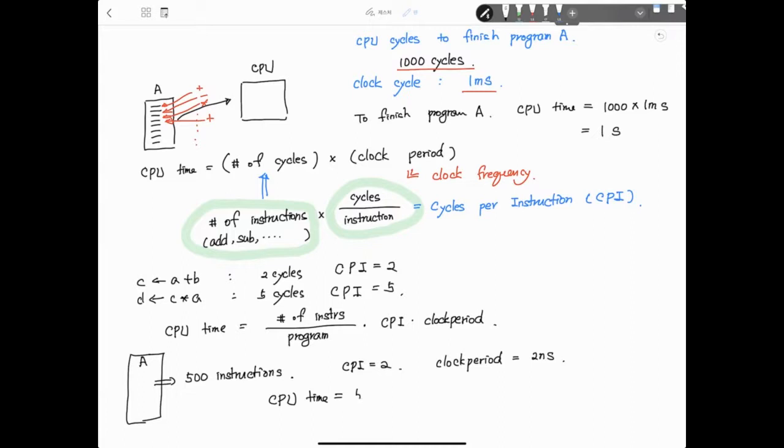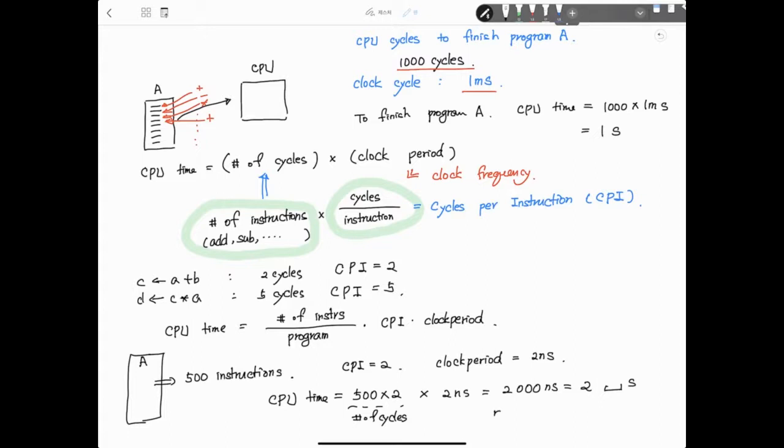So 500 instructions and CPI 2, that means multiply by 2, that is the number of cycles to finish. And for each cycle, we need 2 nanoseconds, that is the CPU time, which is 2000 nanoseconds, which is 2, what's the unit of that?